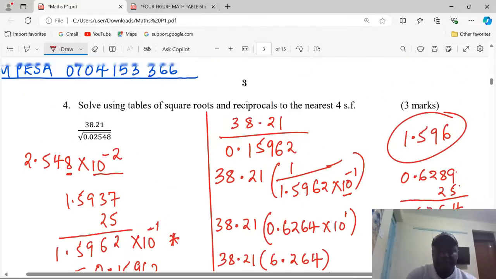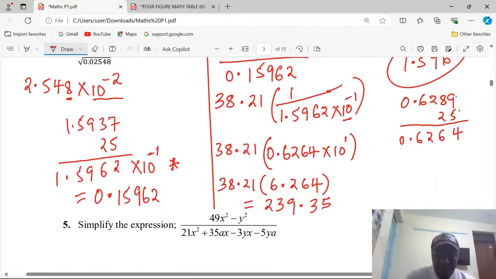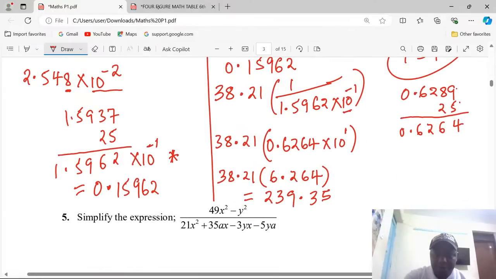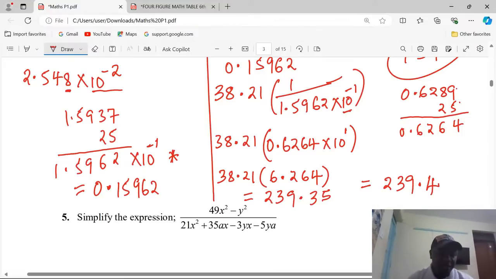But remember, the instructions are 4 significant figures. So up to the 4th significant figure, it should be 239.4.